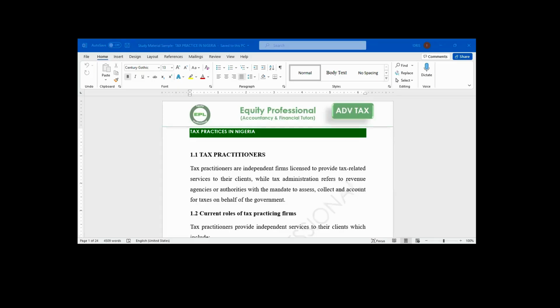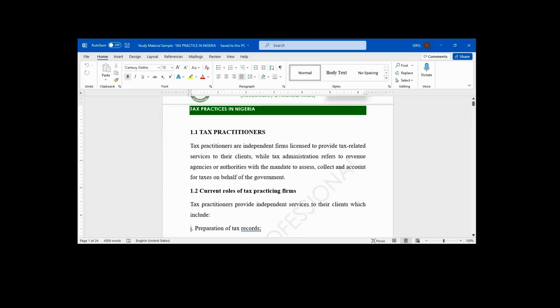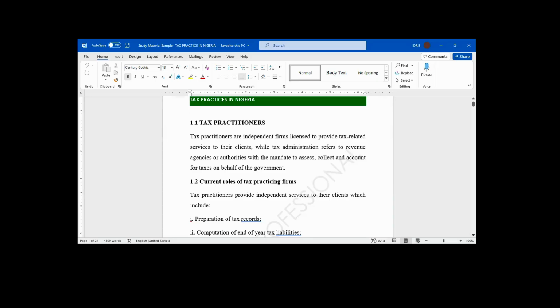We start with who is a tax practitioner. Tax practitioners are independent firms licensed to provide tax-related services to their clients. Who are tax administrators?